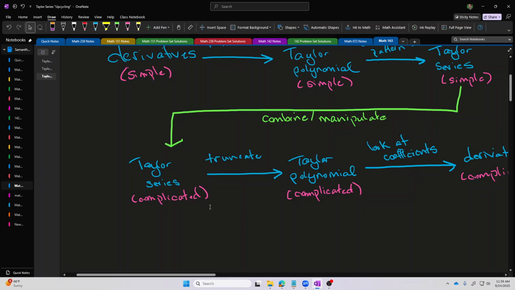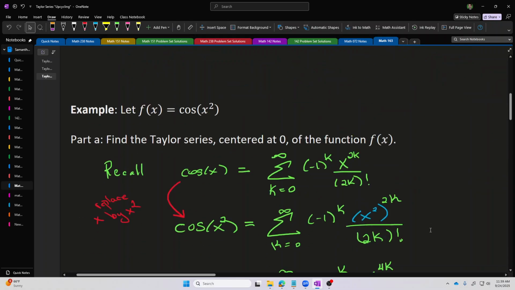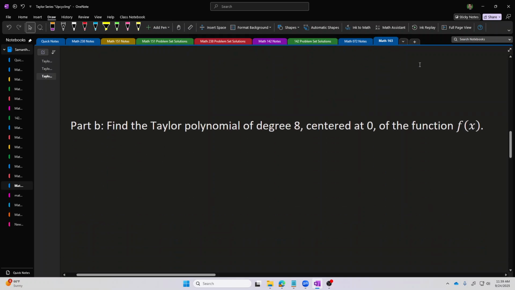So from this Taylor series, we can now calculate the Taylor polynomial. From that Taylor polynomial, we can now calculate its derivatives, and let's get a little bit of practice doing that. Part B, find the Taylor polynomial of degree 8 of this function f of x equals cosine of x squared.